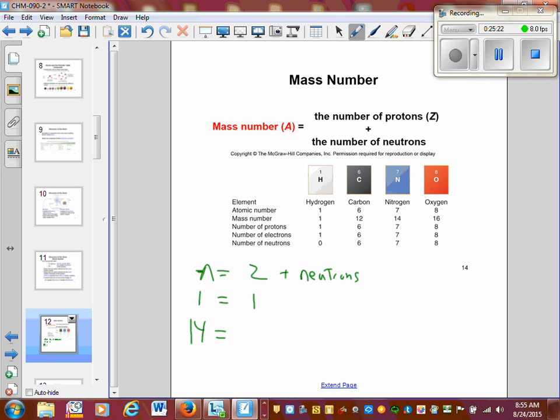So how many neutrons do I have to have? 7. So to determine the neutrons, you take the mass number and subtract the atomic number. Number of neutrons would equal A minus Z.